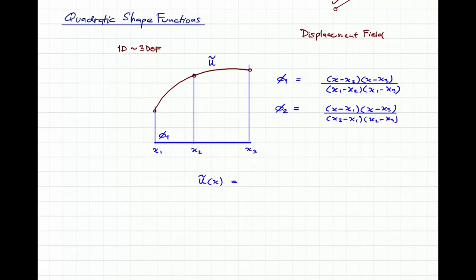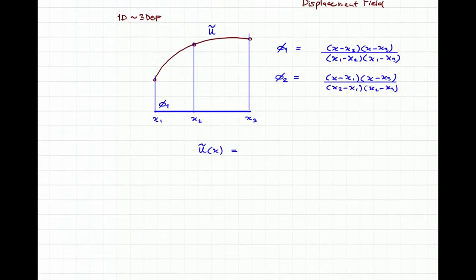Later on, we will map these physical coordinates into the numerical or the local coordinate. Physical coordinate is the global one, global coordinates. So you have u1 phi 1 plus u2 phi 2 plus u3 phi 3. Given that the u1 will be here, u2 will be associated like this.